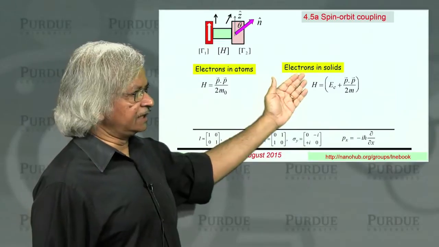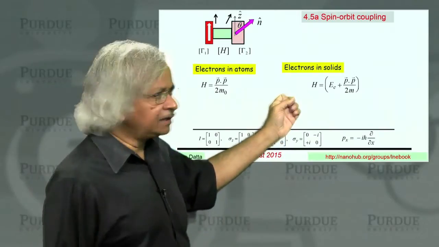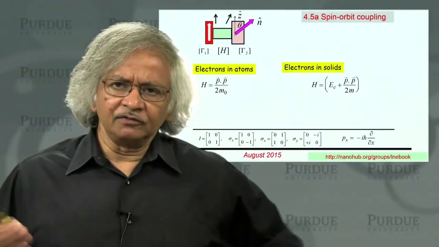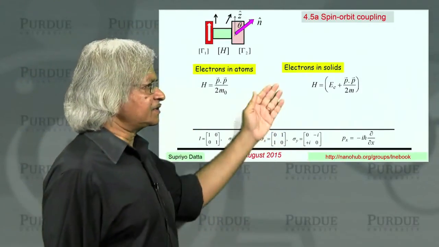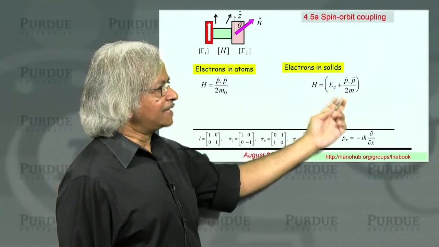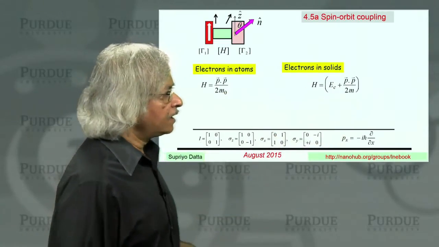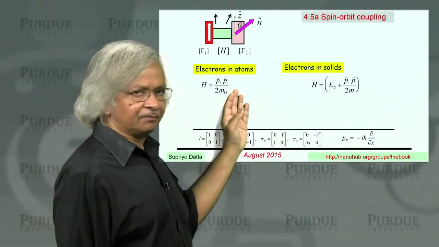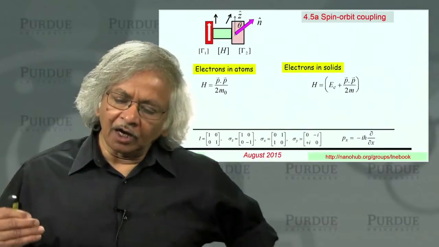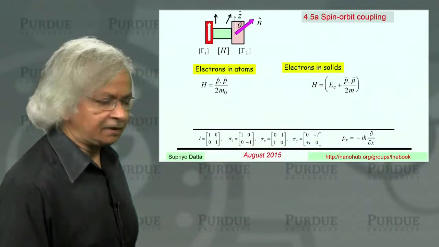Now, electrons in solids, of course, in general, its description is much more complicated, but the simple description that we have largely been using for our examples involves this effective mass model, where they are described by a band whose band edge is at EC and whose mass is not the free electron mass m0, but rather the effective mass m. And of course, there is no simple way to derive this from this. And this is not general either. You may have many bands, you might need a more complicated description. But what we have been using for our examples is the effective mass model.